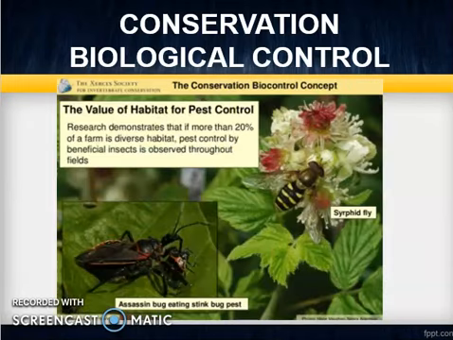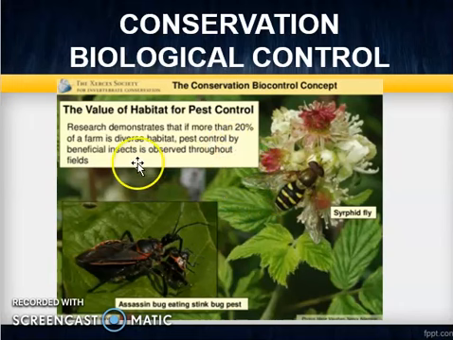Okay, next slide. Now we want to discuss the value of habitat for pest control. Research demonstrates that if more than 50% of the farm is diverse habitat, and what do we mean by diverse habitat here? The presence of many plant species and many insects, including our beneficial insects, it could protect our crop from damage produced by pest attacks.